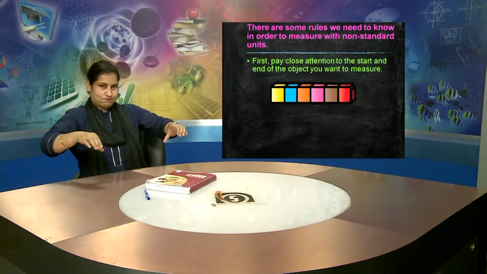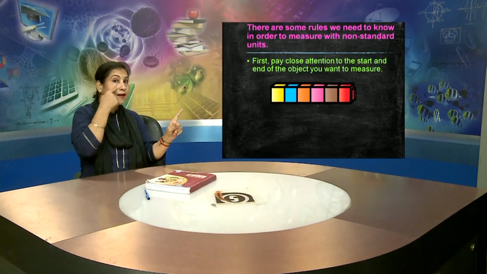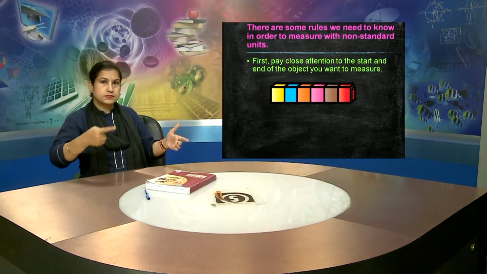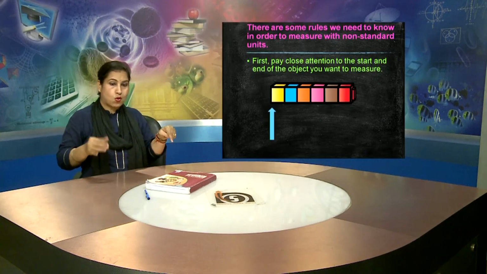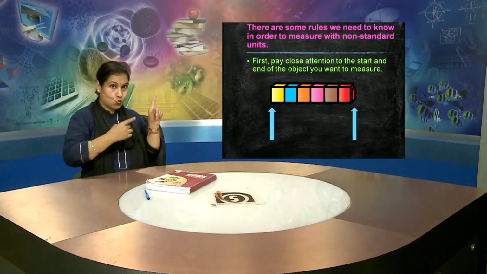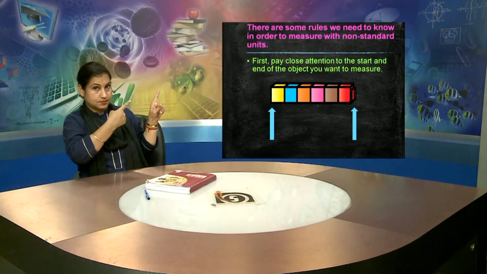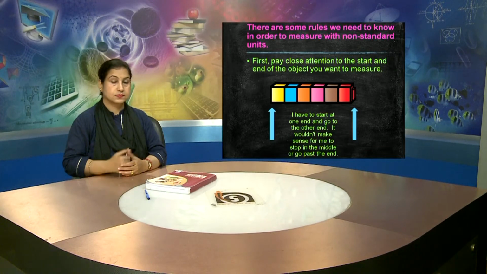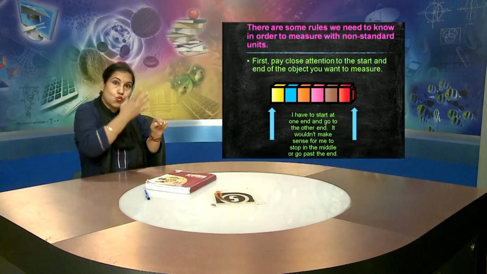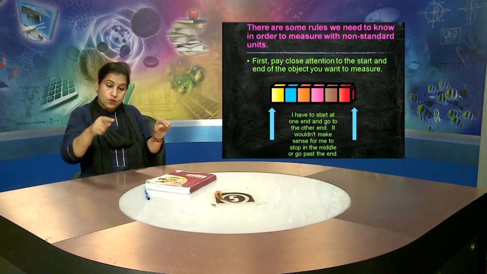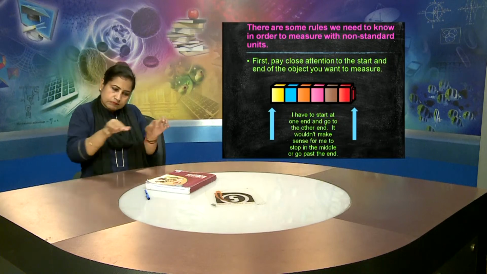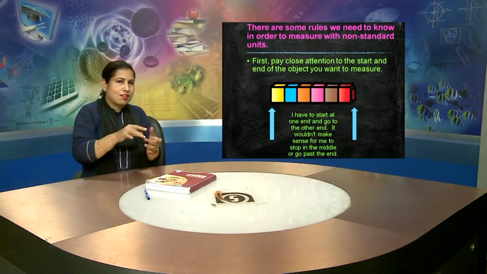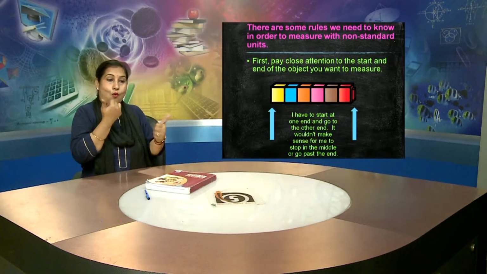For example, as you see a box of cubes, we have to measure it from start to end. As you can see in the picture, the start is yellow and the end is red. I have to start at one end and go to the other end. It wouldn't make sense for me to stop in the middle or to go past the end.